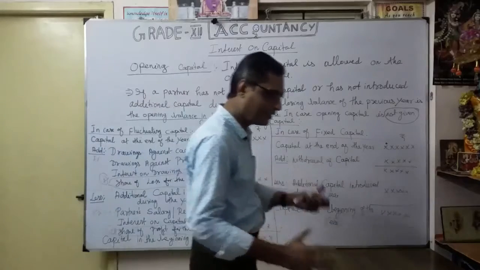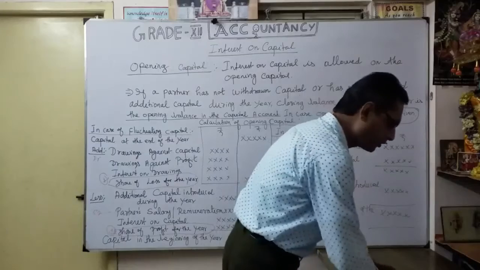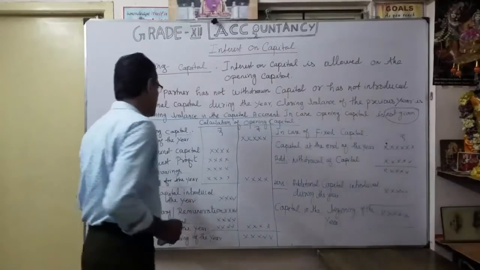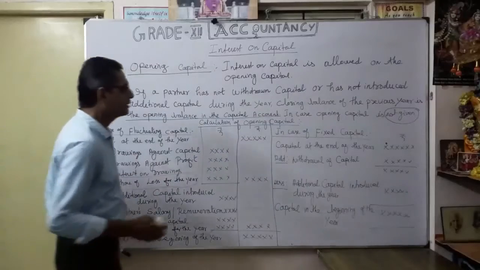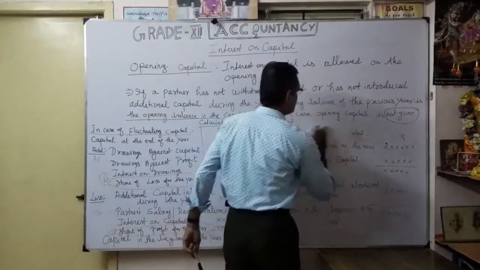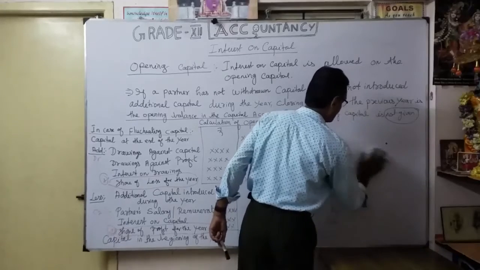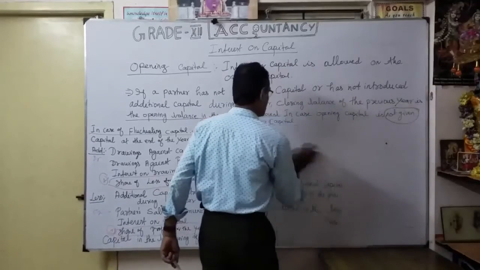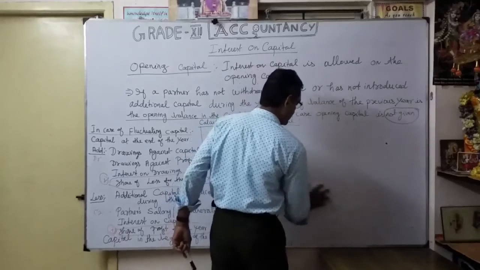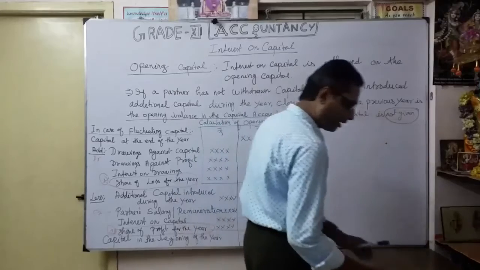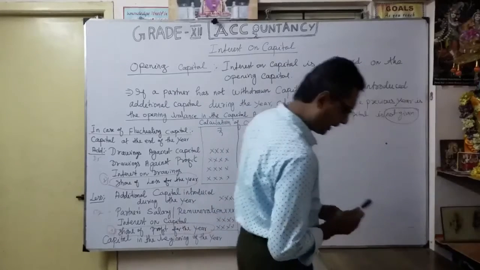Now let's see the same discussion, how you are going to write it in a partner's capital account. Very easy one. That also we can calculate alternatively. So let's see the partner's capital account.